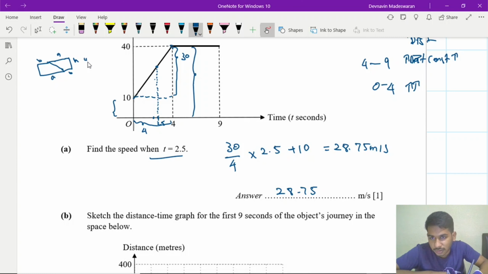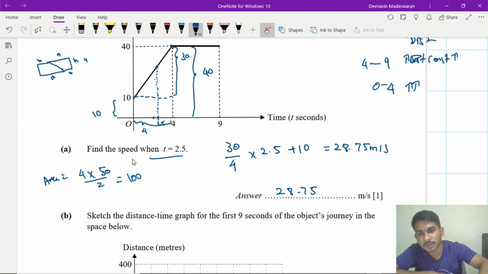We have A plus B times 4, then you halve it because it's 2 of them, right? So the area is 4 times, this is 40, this is 10, so it's 50. 50 divided by 2, which is going to be 50 times 2, which is going to be 100.